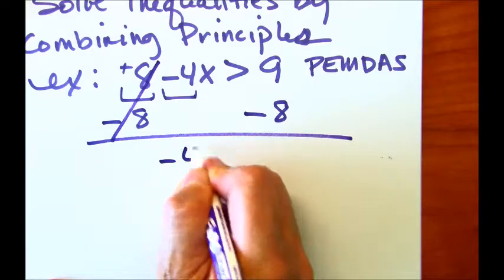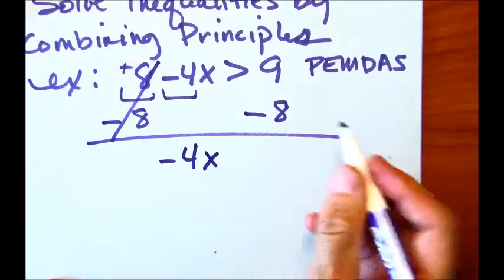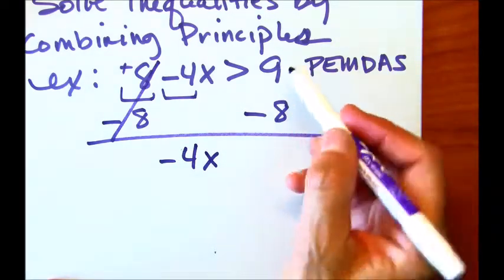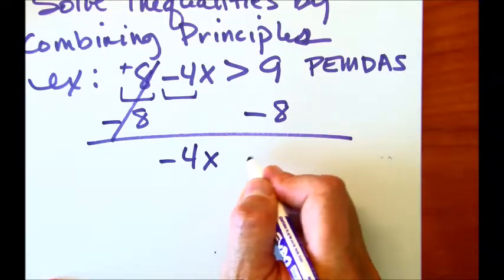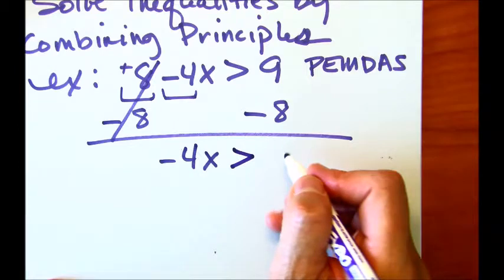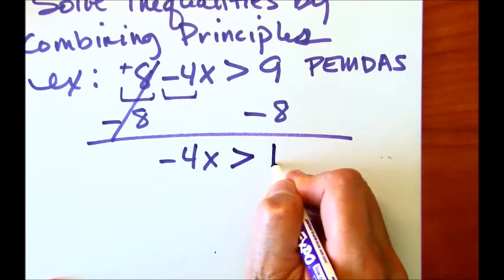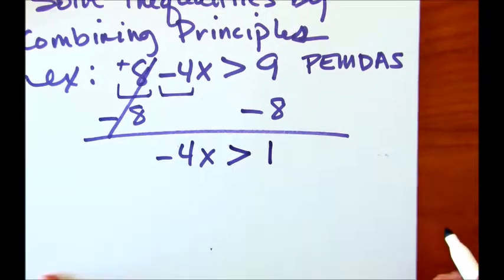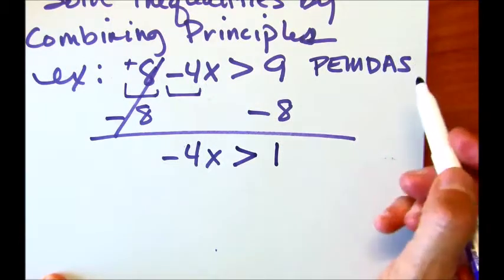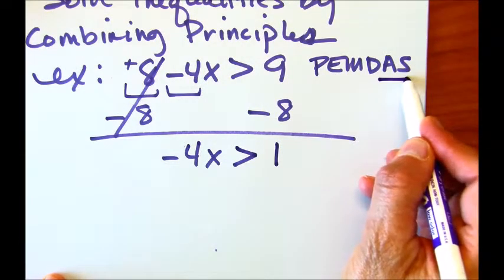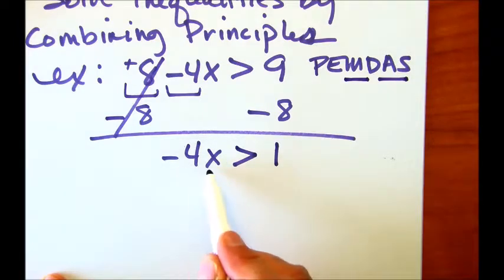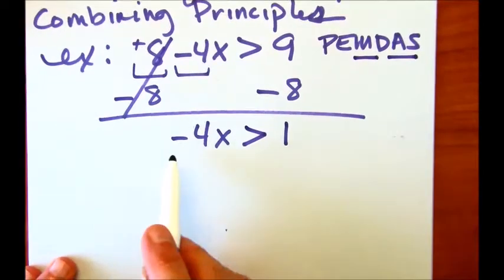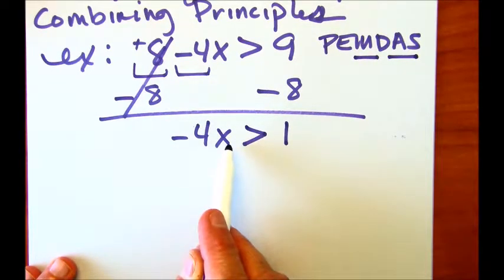We're left with negative 4x, and 9 minus 8 gives me 1, so we've got negative 4x is greater than 1. In this case we did the add and subtract first. Now we're going to take care of the multiply and divide to again isolate that x. That's our ultimate goal. Now we've got negative 4 times x.